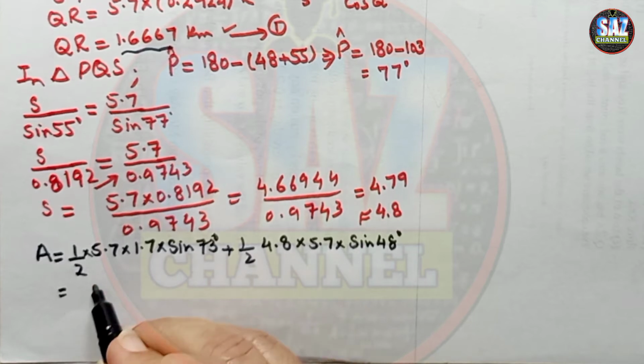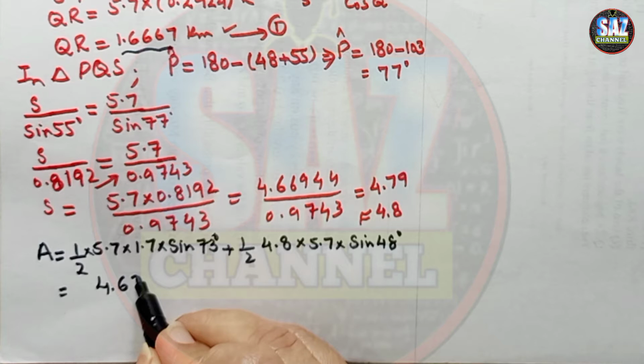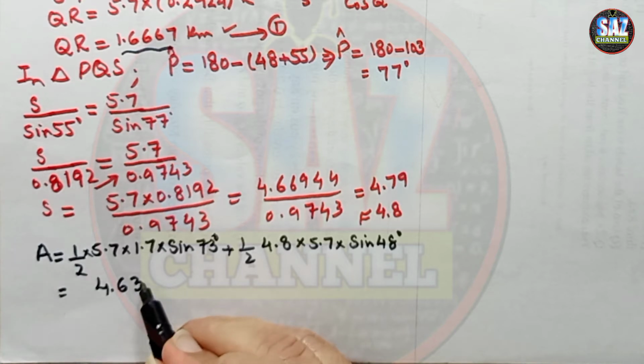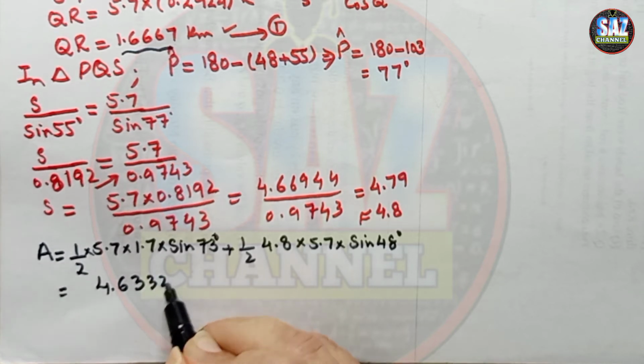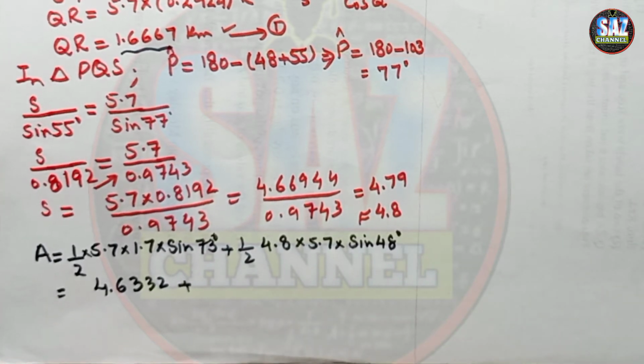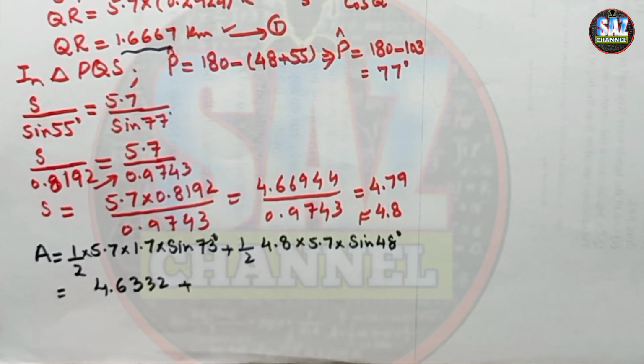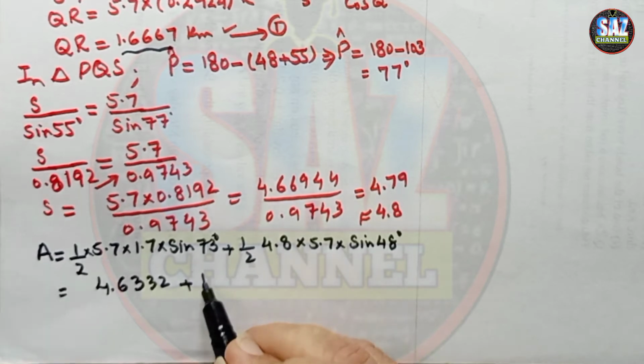So this calculation comes to 4.6332. Then sine 48 degrees gives me 0.7431 multiplied by 5.7 multiplied by 4.8, and this gives me 20.331216 divided by 2.